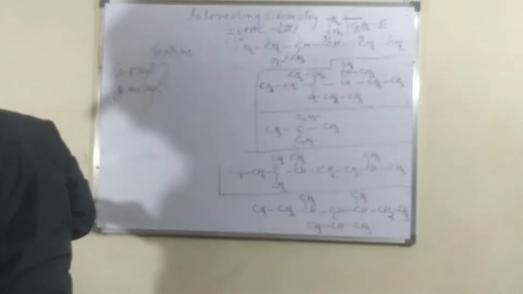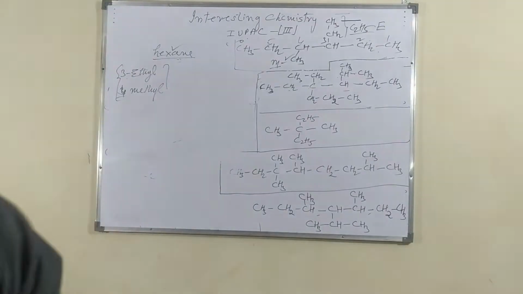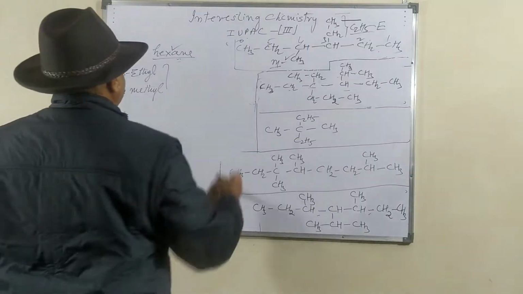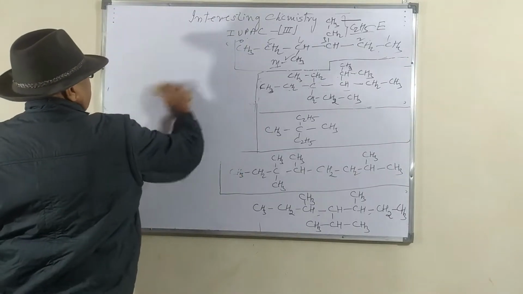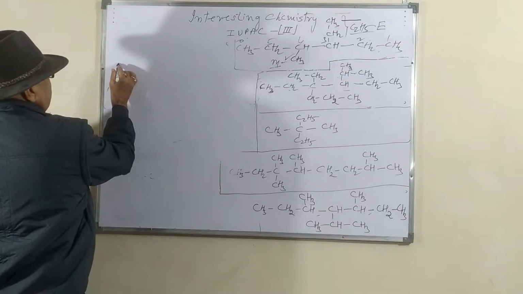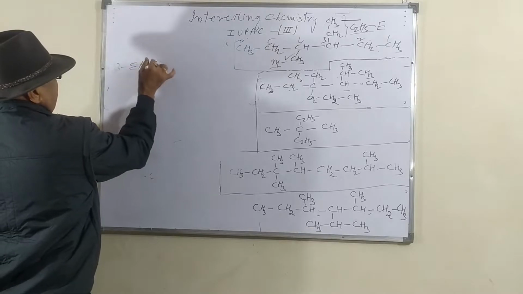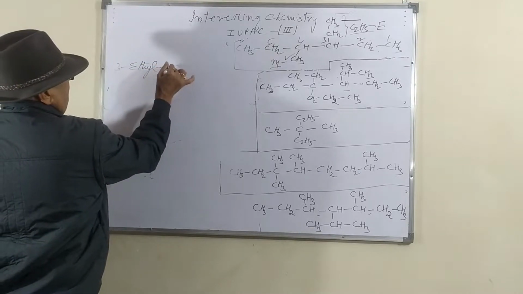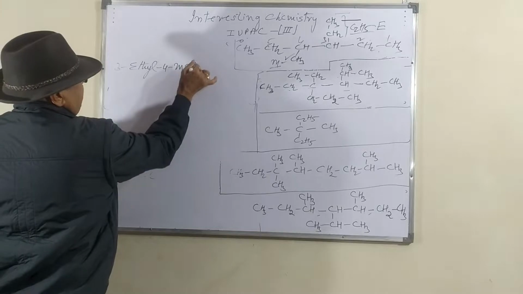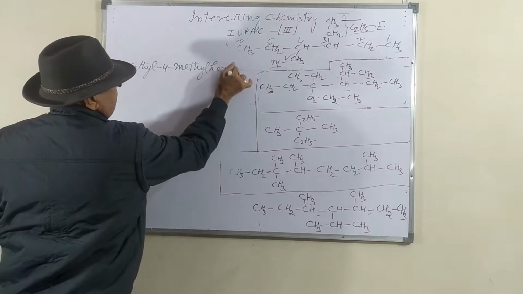Now how will you write the name of this compound? First you will write 3-ethyl and then 4-methyl hexane.